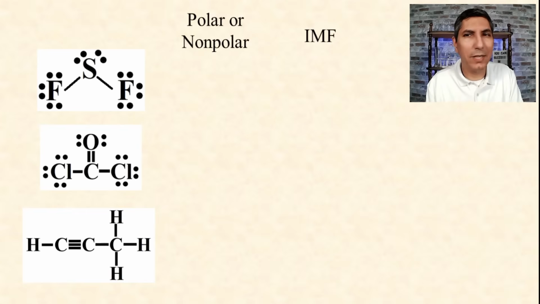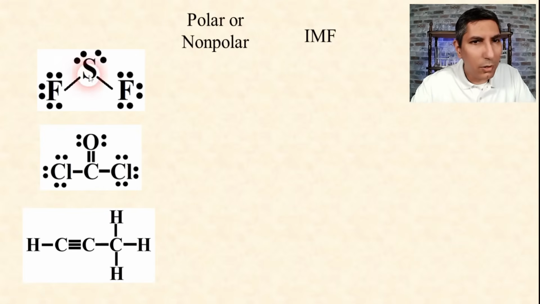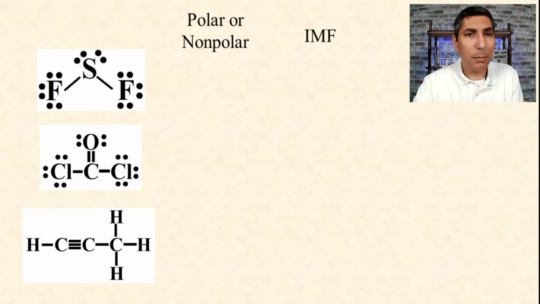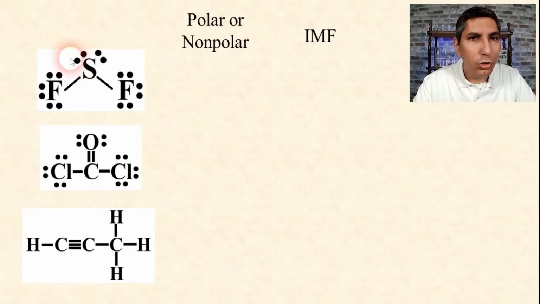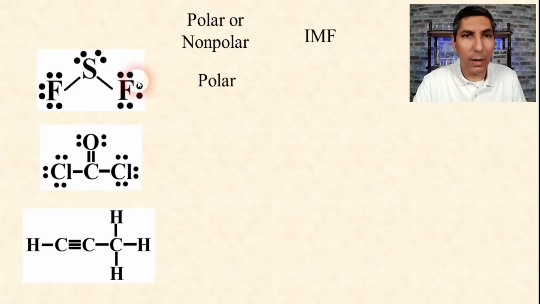That is a common misconception. Doesn't have anything to do with symmetry. For example, this molecule here, SF2, it's symmetrical, isn't it? But it's a polar molecule because there's this lopsided electron distribution. Up here at the top, we have these 2 unshared electron pairs, and that makes it a polar molecule.